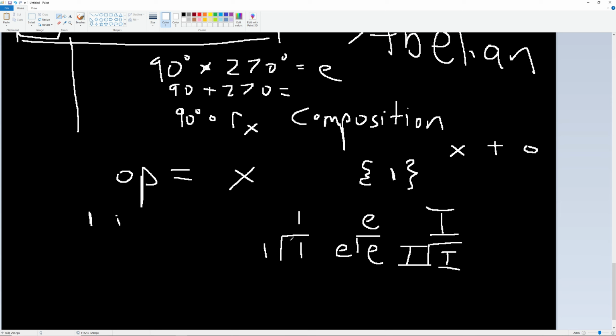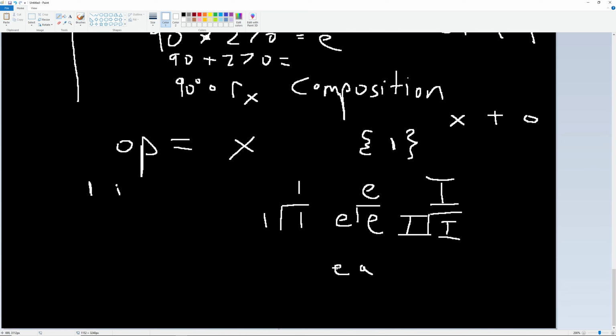So let's say, for our label, just like ordinary multiplication, we have E as the identity element, and then we have 3 other elements in the group. We might label E composed with B, we just write EB.